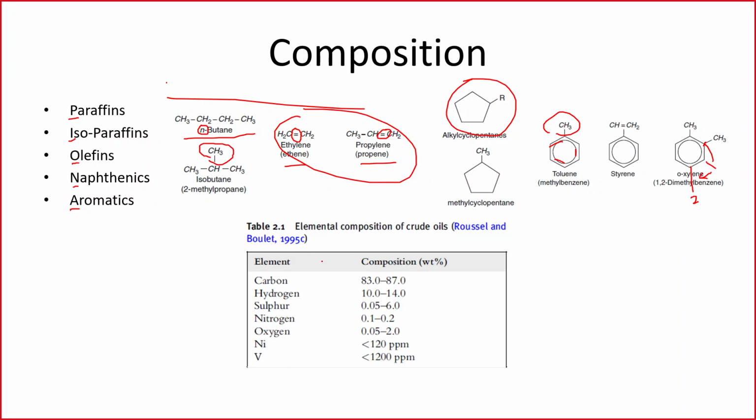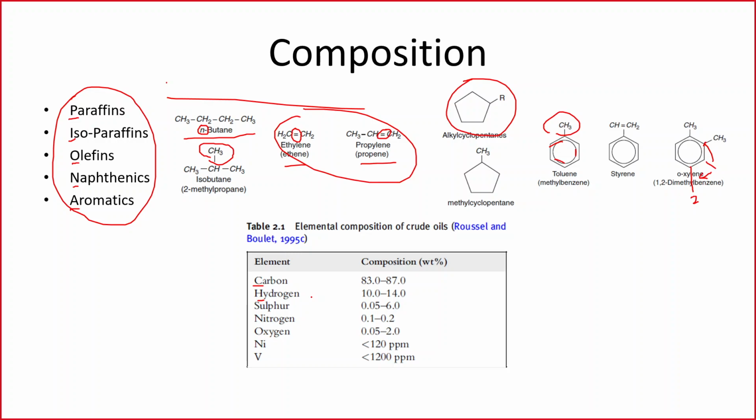So with this PIONA, it's one way of characterizing the molecules that are available in the crude oil. And then another way to characterize it is that people can analyze how much carbon composition there is, like in this case about 80% or something, and then hydrogen. So we call it hydrocarbon simply because these components consist mostly of hydrogen and carbon.